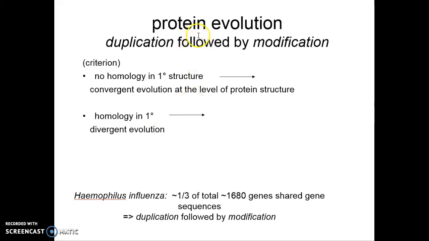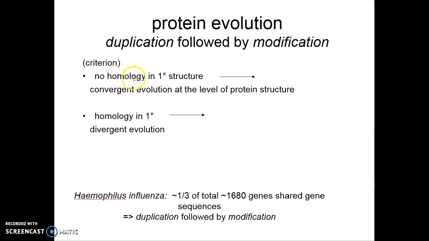Proteins could be classified into two categories for generation of new proteins during evolution: convergence versus divergence.